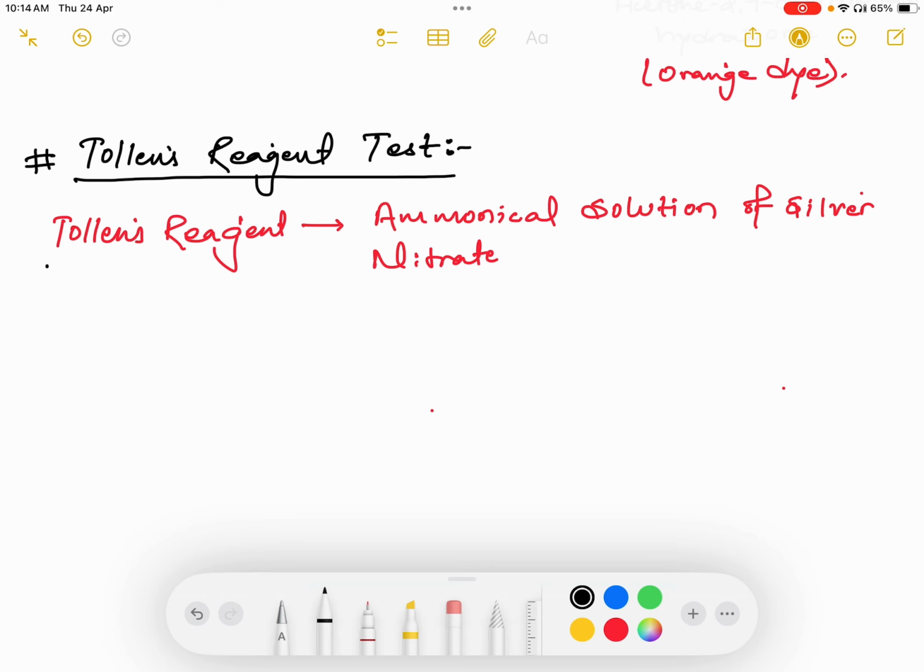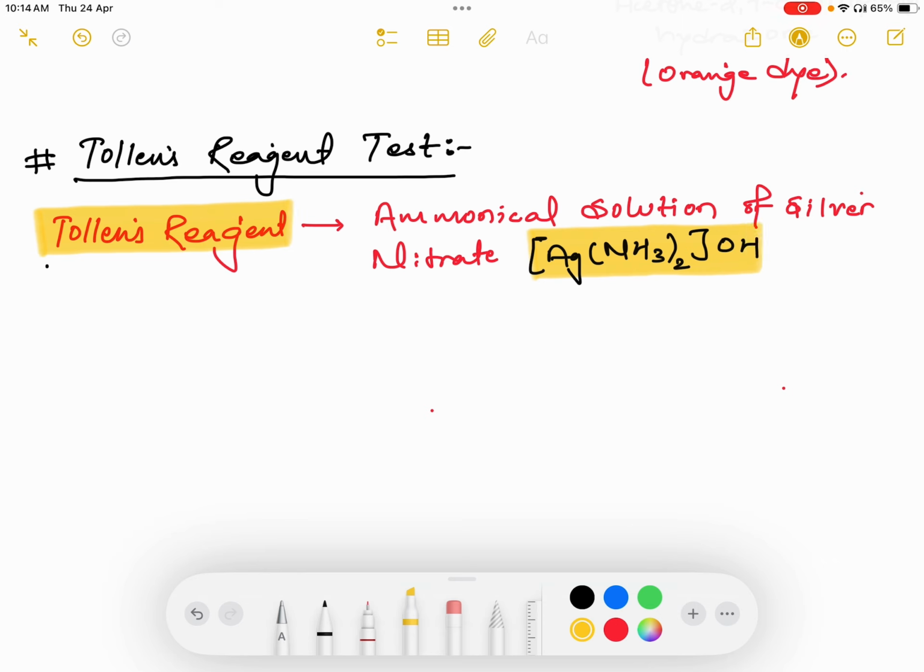It is basically written as [Ag(NH3)2]OH. So if the question comes, you will have to say [Ag(NH3)2]OH, or you need to say ammoniacal silver nitrate solution. Okay, so this is Tollens reagent.